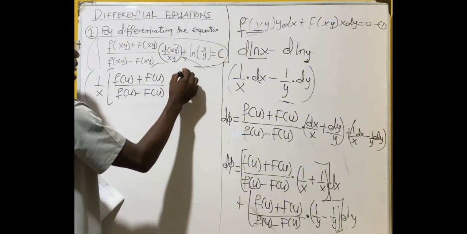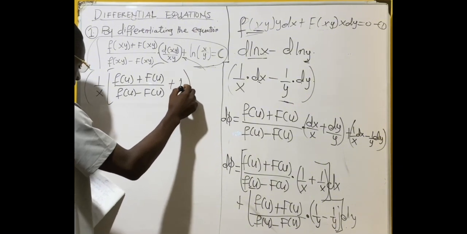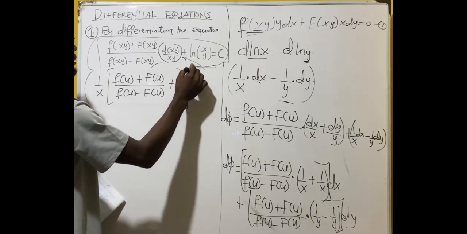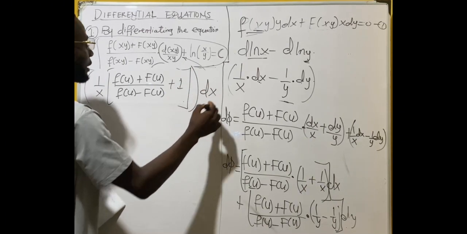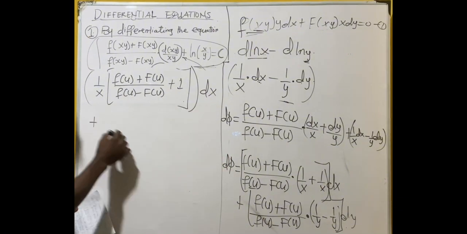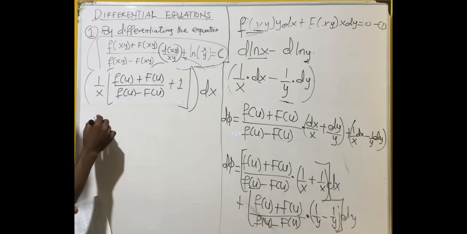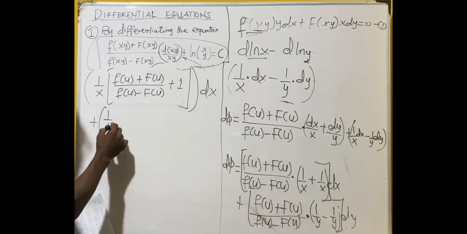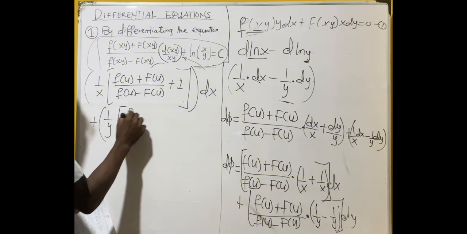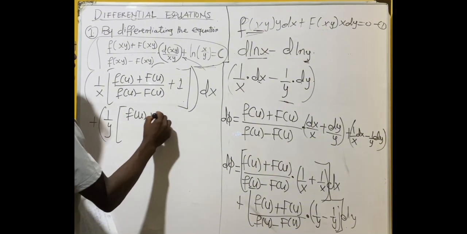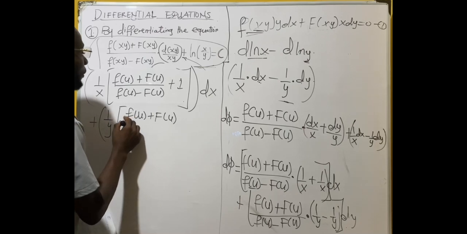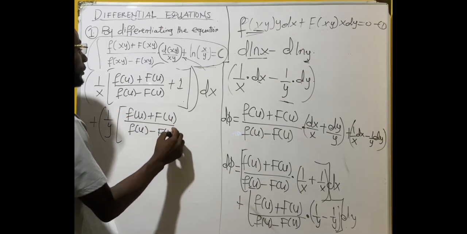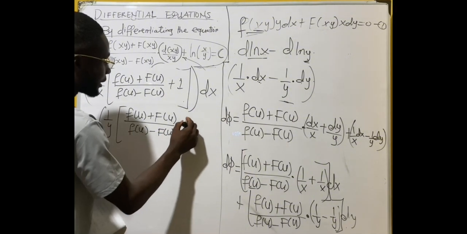Plus 1, then dx. Then plus the second part, which is the dy part, we factor 1 over y out, right? Then into f of u plus big F of u all over small f of u minus big F of u minus 1.